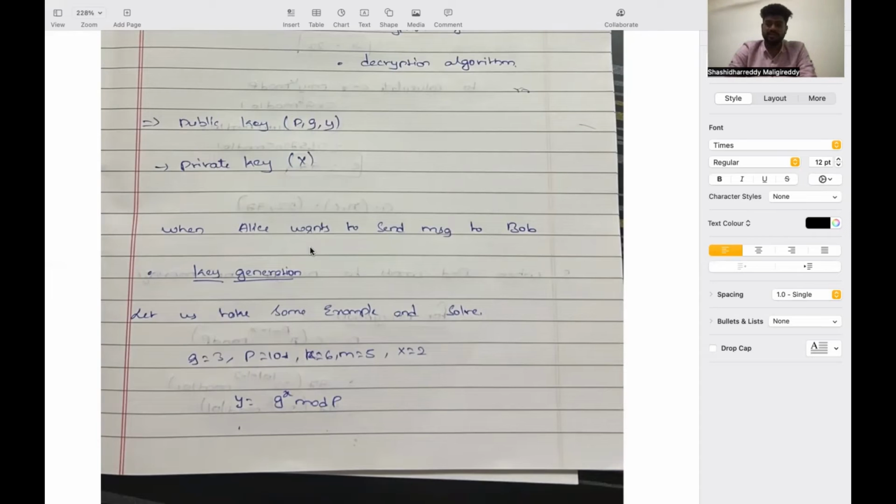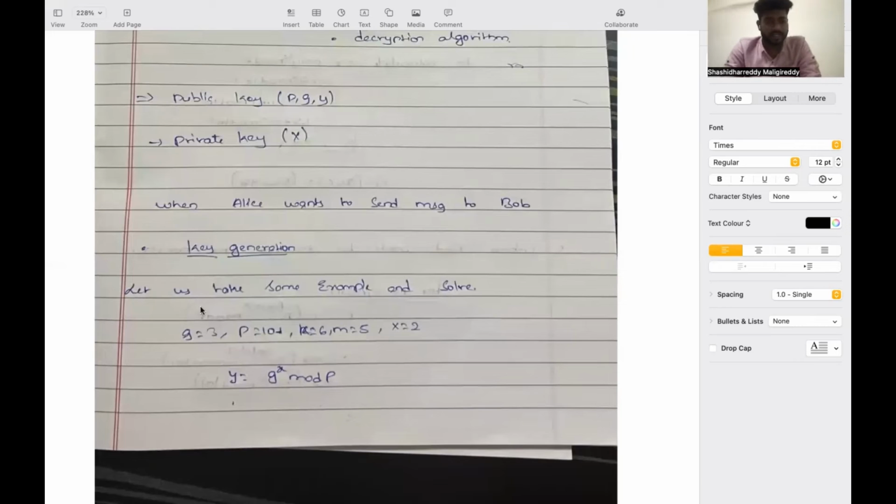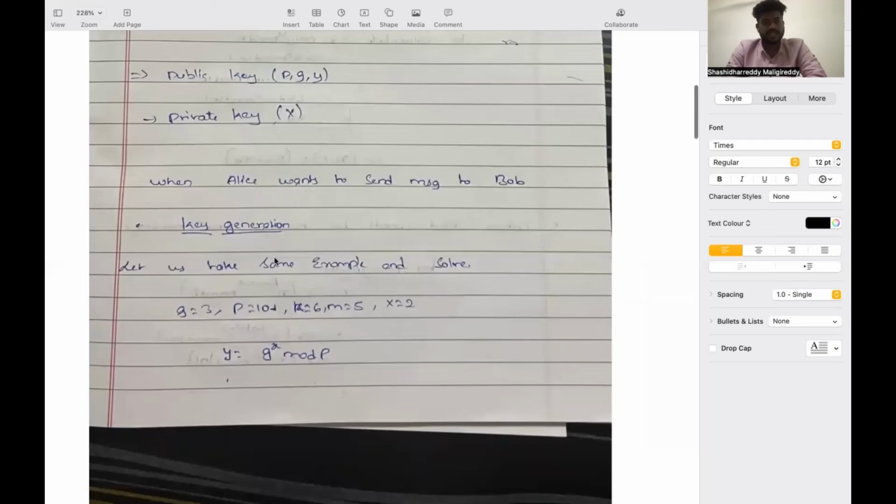So by using the ElGamal cryptosystem, I've first generated the keys. Here I've simply taken example questions and solved them using the ElGamal algorithm procedure. Firstly, you have to generate the keys.